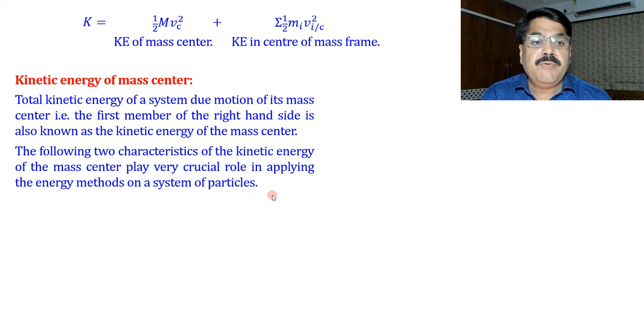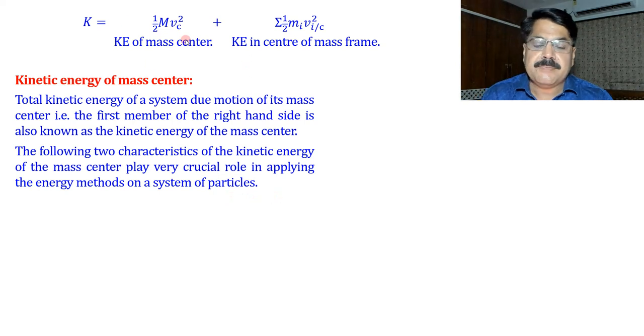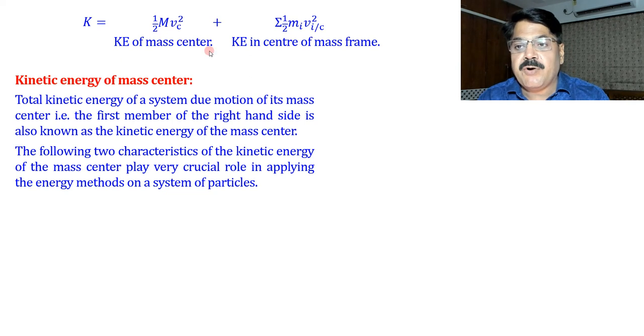So if on a system there are no external forces, this part of kinetic energy will remain unchanged. Again, the velocity of the mass center cannot be changed by internal forces. So whatever the internal forces do, this part of kinetic energy will not change. So these are two very remarkable properties or characteristics of the kinetic energy of the mass center. So let us document them.